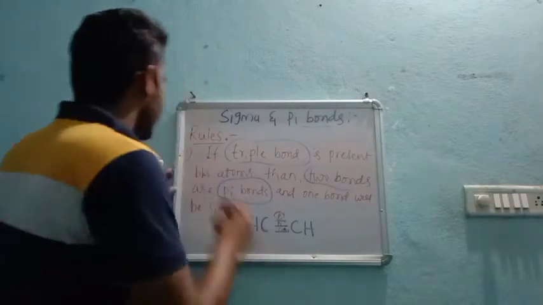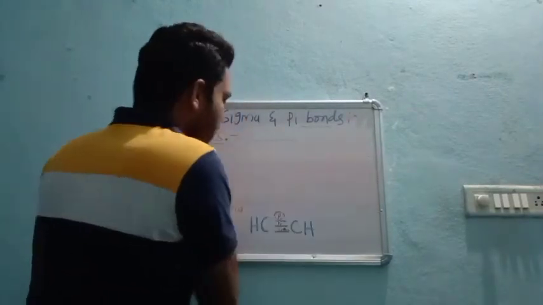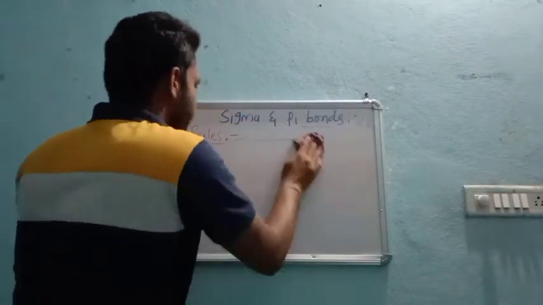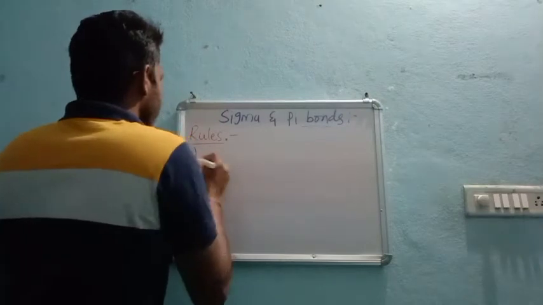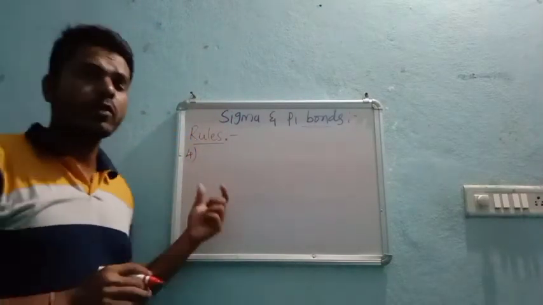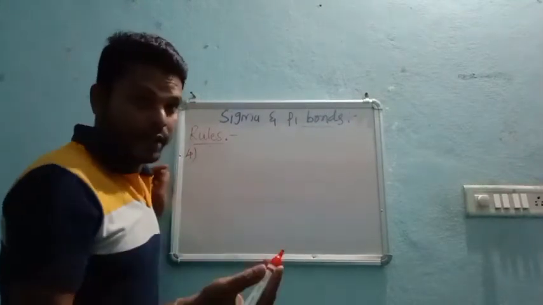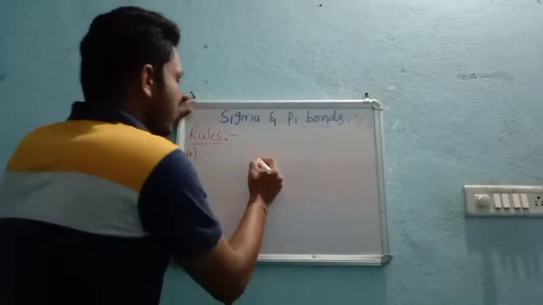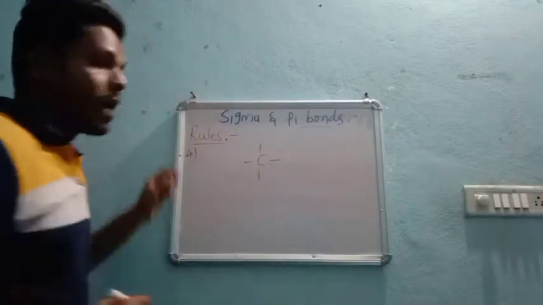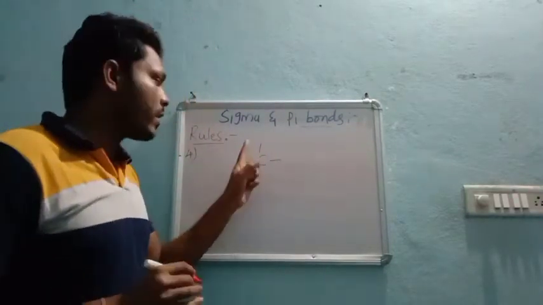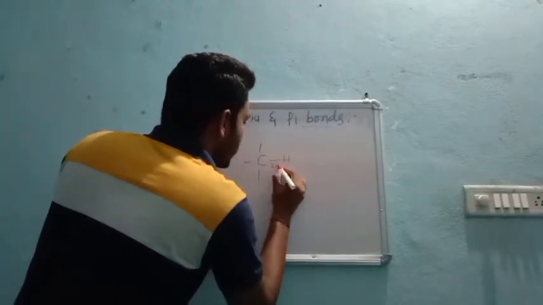And finally, this is about the third rule. Coming to the last rule, that is the fourth rule. This rule is particularly for those compounds which are organic compounds. In this rule, always in between carbon and hydrogen there will be a sigma bond.